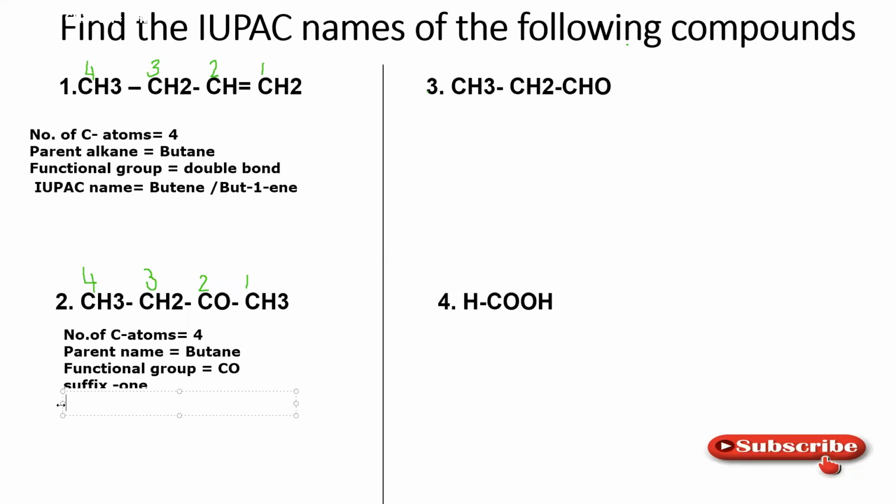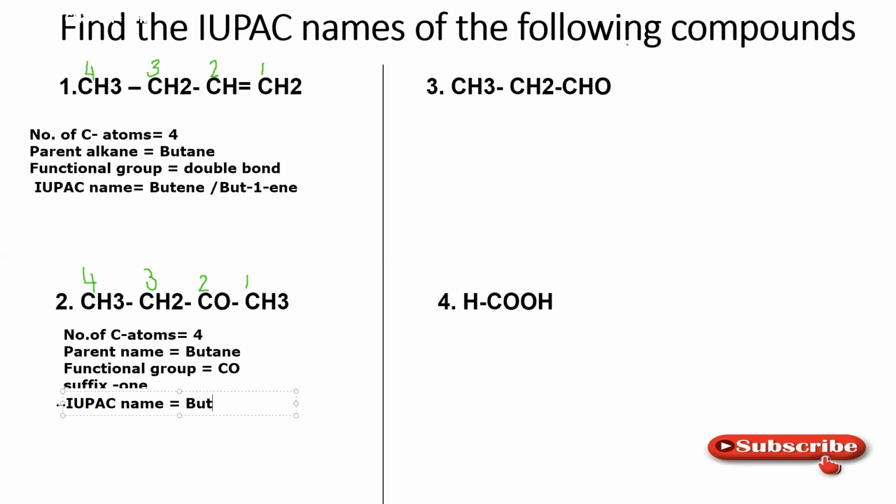So we have completed all the 4 steps. Now we can write the final step, the IUPAC name of this compound. We have to replace E by ONE. On the second carbon atom the functional group is present, so that number also we have to mention.